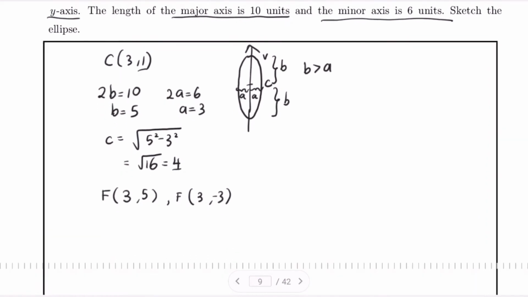For the vertex, H will also remain the same, but we're going to add B this time. So it will be 1 plus 5, which is 6, and 1 minus 5, which is negative 4.